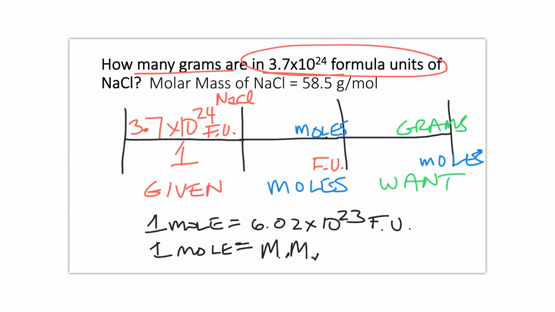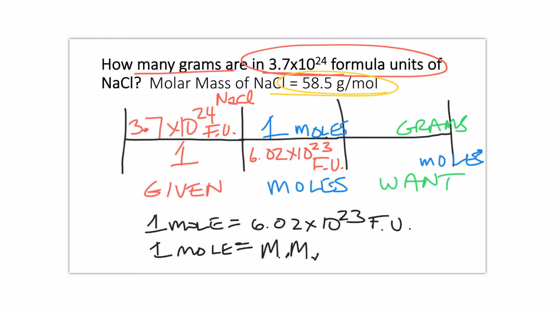The molar mass of sodium chloride is right there, so you have to look it up. So now we can just start putting in the numbers where they go. So the moles, what's the word that follows moles in the formula units? That's a 1. And then the formula units, by definition, has to be the 6.02 times 10 to the 23rd. So that's moles and formula units.